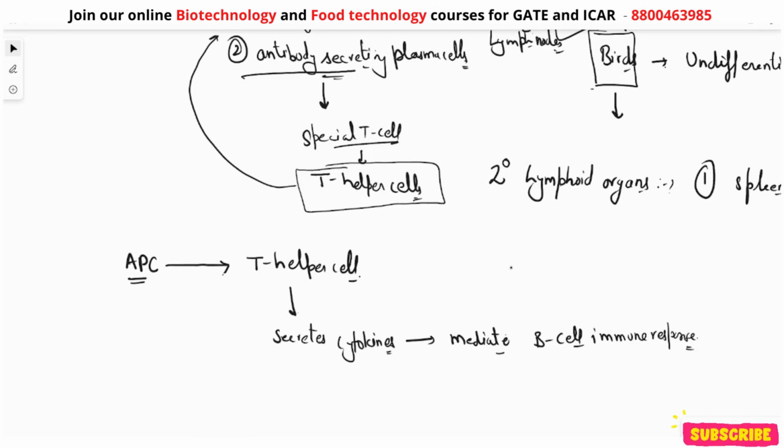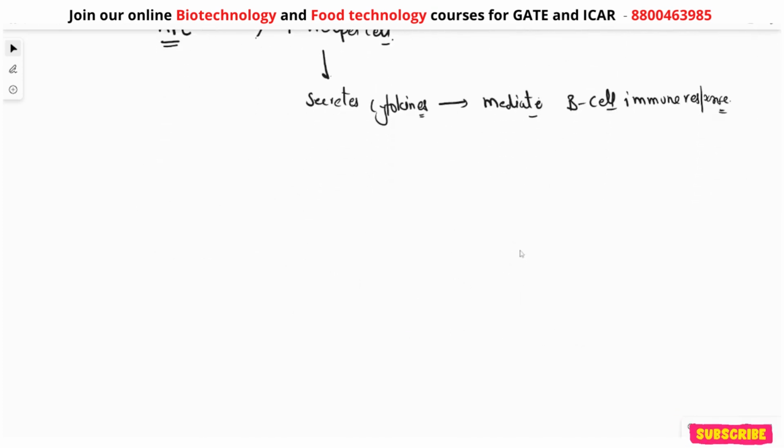Another secondary lymphoid organ is your lymphoid tissues.